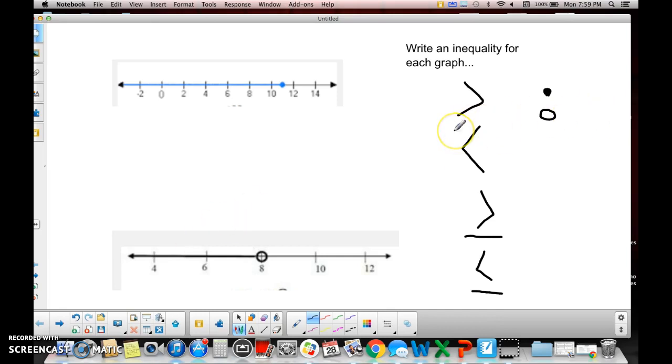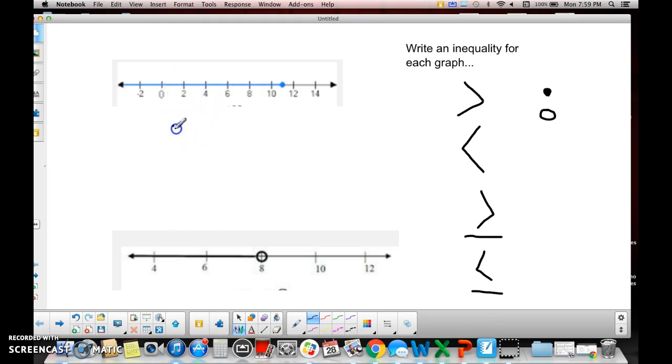So here we go. To write an inequality, the directions for your wake up for today would be to write an inequality for each graph. We look at graph number 1 and we can see that we have 11 as our focus here. We know that all of the numbers that are being applied would be less than 11.